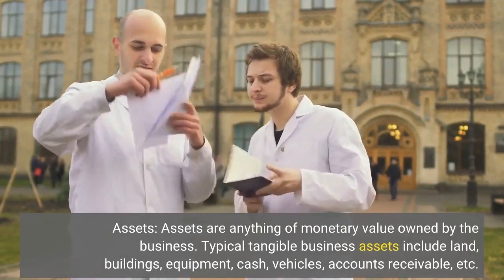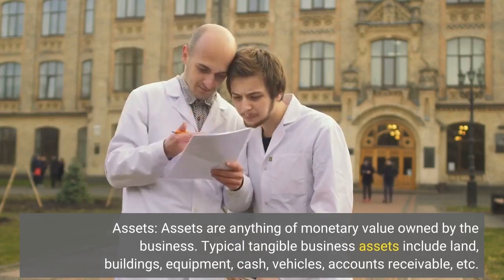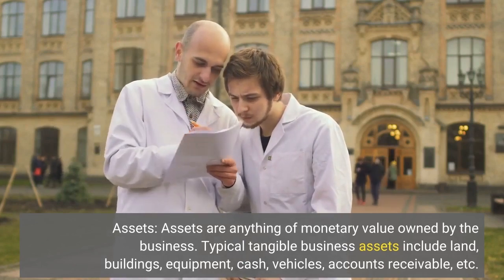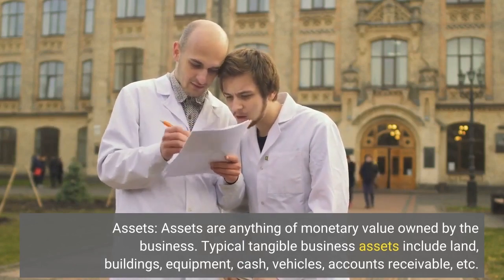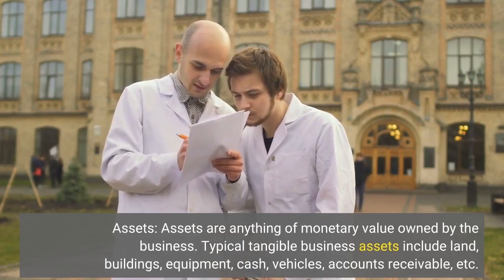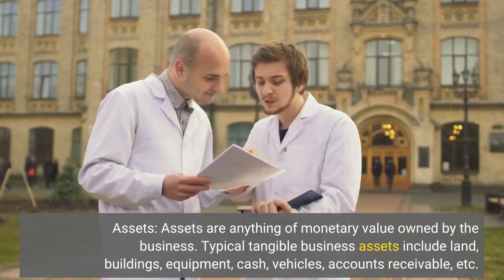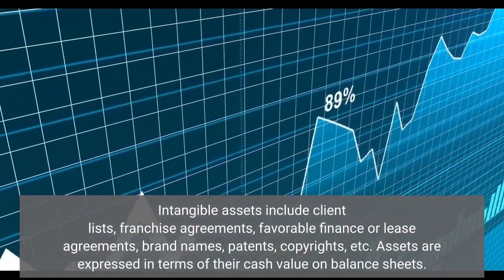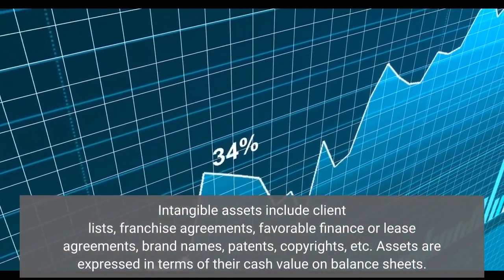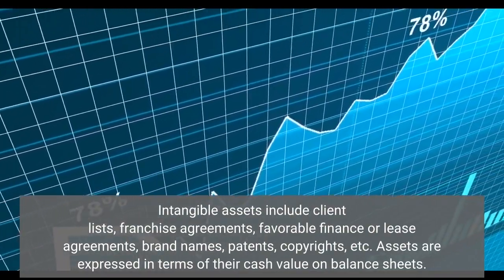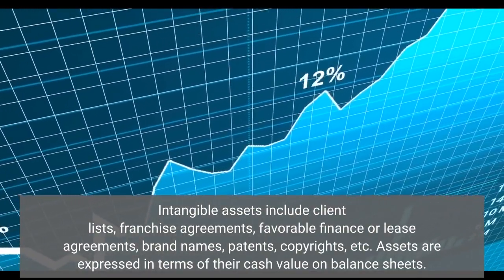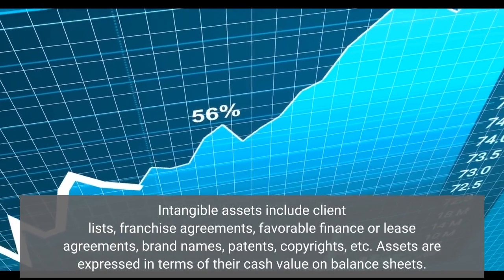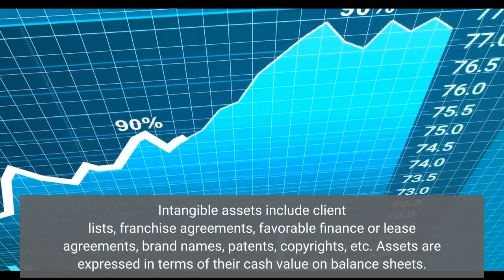Typical tangible business assets include land, buildings, equipment, cash, vehicles, accounts receivable, etc. Intangible assets include client lists, franchise agreements, favorable finance or lease agreements, brand names, patents, copyrights, etc. Assets are expressed in terms of their cash value on balance sheets.